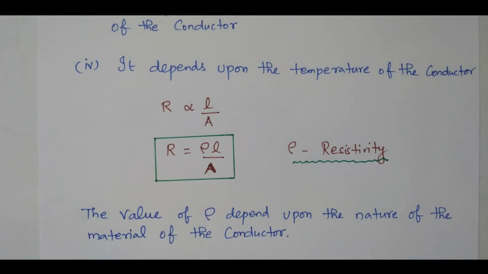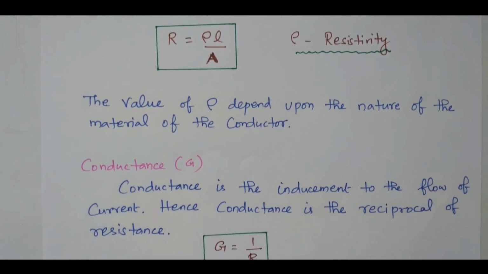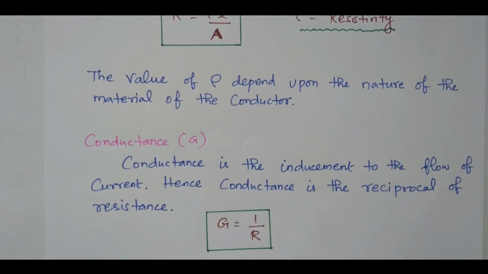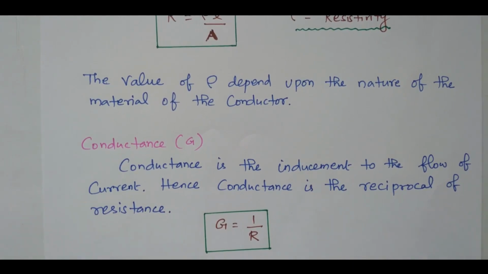Similar to resistance, we have conductance, the inverse of resistance. Resistance means opposing the flow of current. Conductance, G, means allowing the current to flow in the conductor. Conductance is the inducement to the flow of current, hence conductance is the reciprocal of resistance.